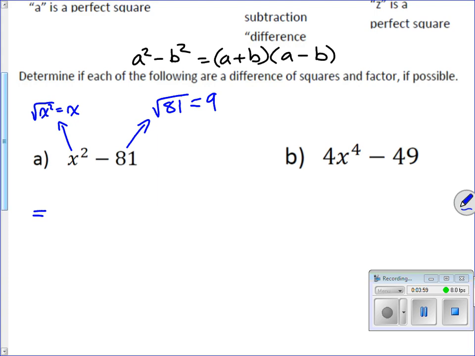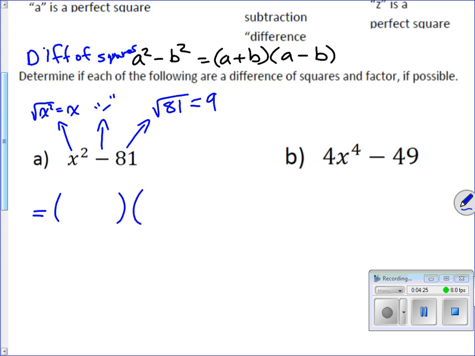So if I'm doing this, I take the square root of x squared and of 81, and the best part about it is, if I have a minus sign in between, it means that this is a difference of squares. All right, and we can use that on our problem here.